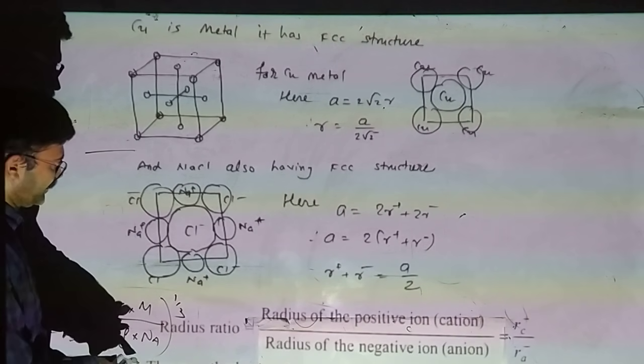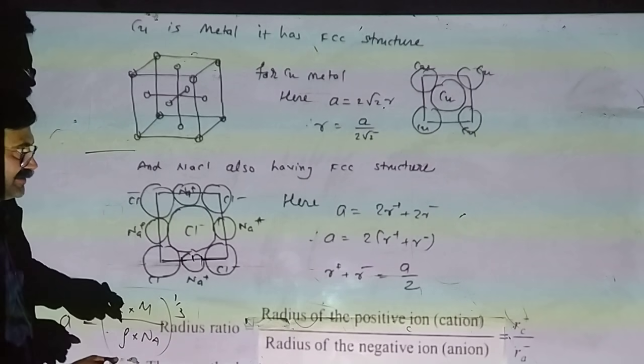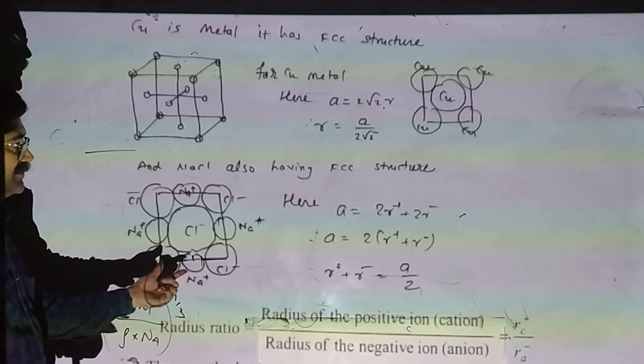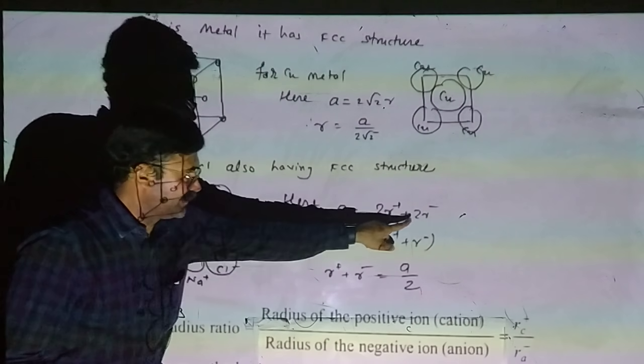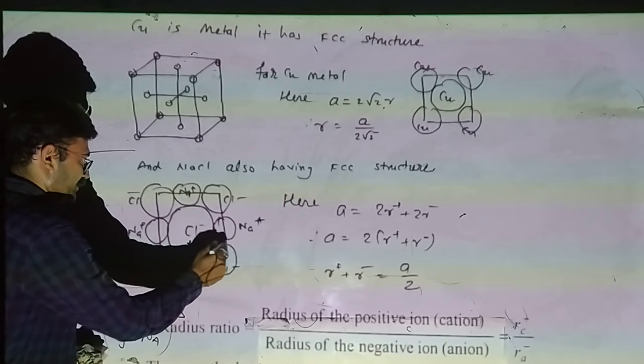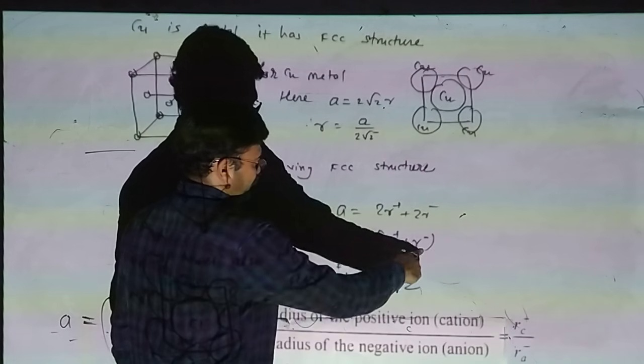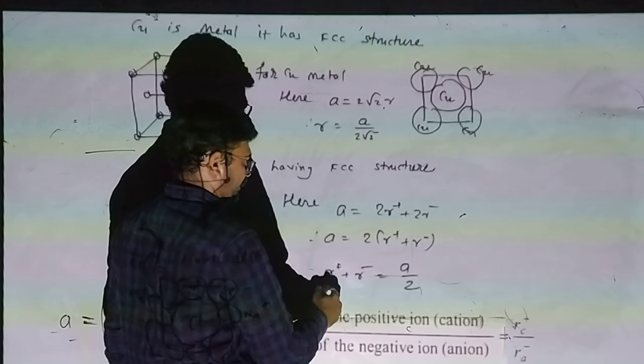So the edge length is 2 times the positive radius and 2 times the negative radius. So a is equal to 2 times R plus plus 2 times R minus. 2 is common, so R plus plus R minus is equal to a by 2.